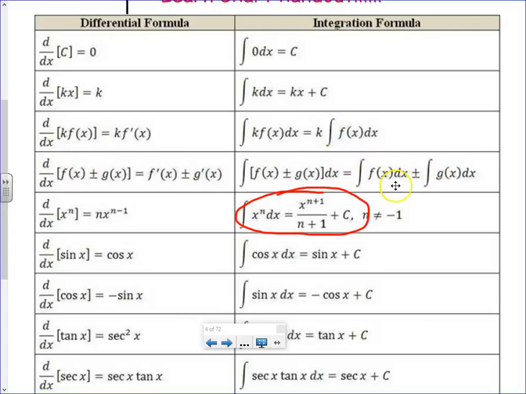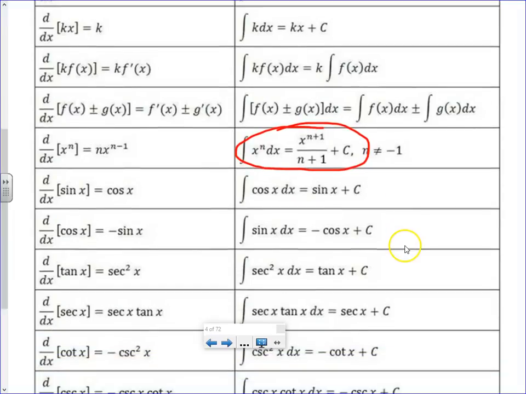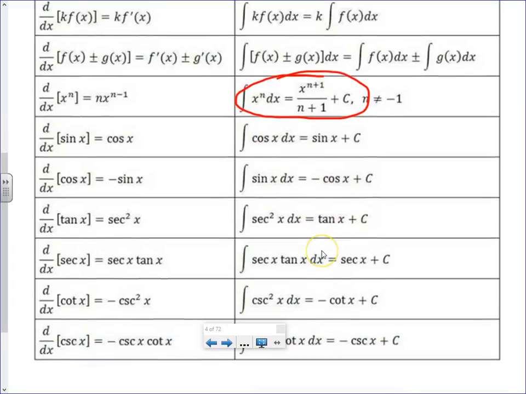What don't you see? I don't see f times g. I don't see products, and I don't see f divided by g. I don't see quotients. Then it'd be power rule. Then it's up to you with these ones. It's the sine rule backwards or it's the cosine integration. Is that cool?